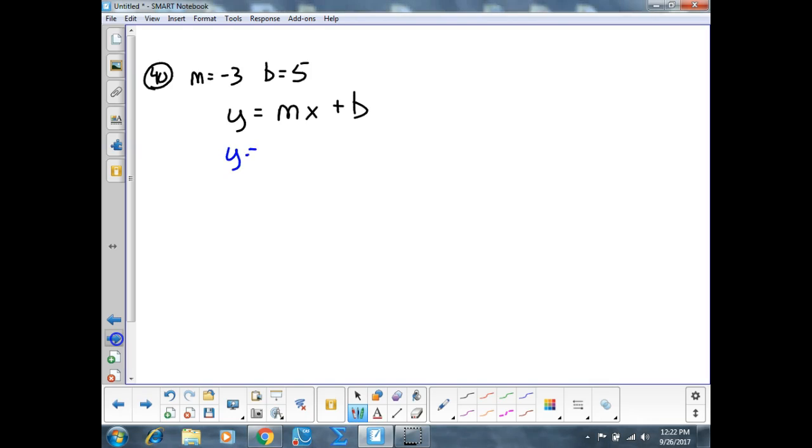So y is going to equal -3x plus 5. Correct? But what form did it say it wanted the answer in? Standard form. So I'm going to add 3x to both sides. No fractions, no decimals, positive a.